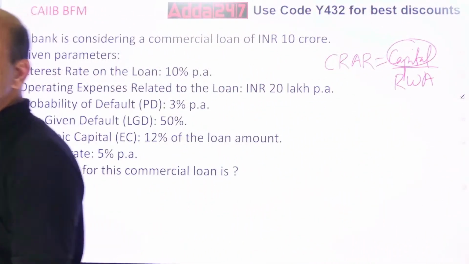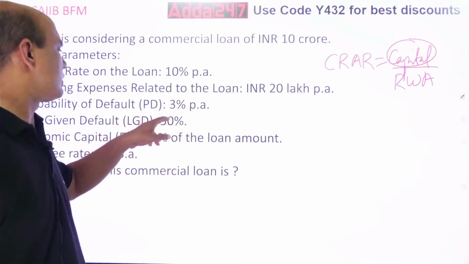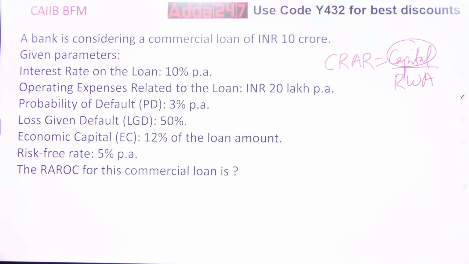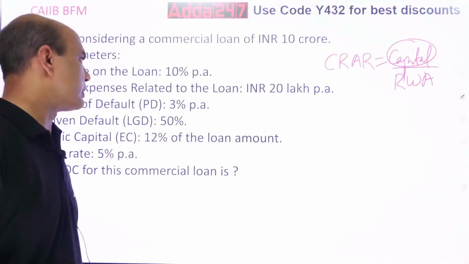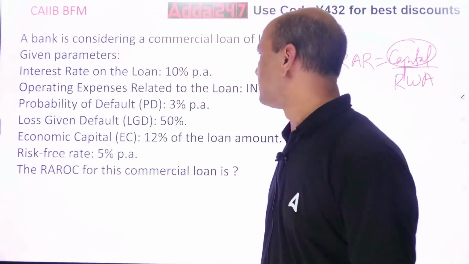But 3% on what? LGD, loss given default, is also given as 50%. So, kindly note, expected loss is always PD into LGD into my loan amount. Got it?